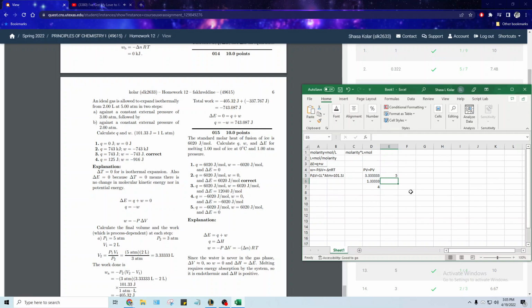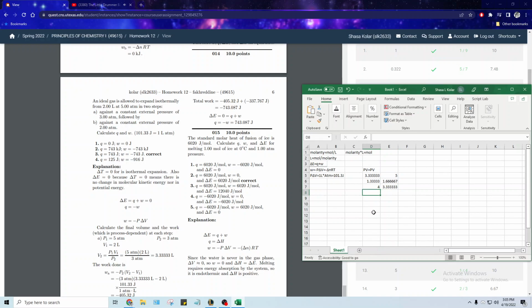And we get our new liters, which is 5, and our change in V is 5 minus this. So we have 1.6667. Now all we have to do is multiply the change in V by the pressure, which is 2 atmospheres.